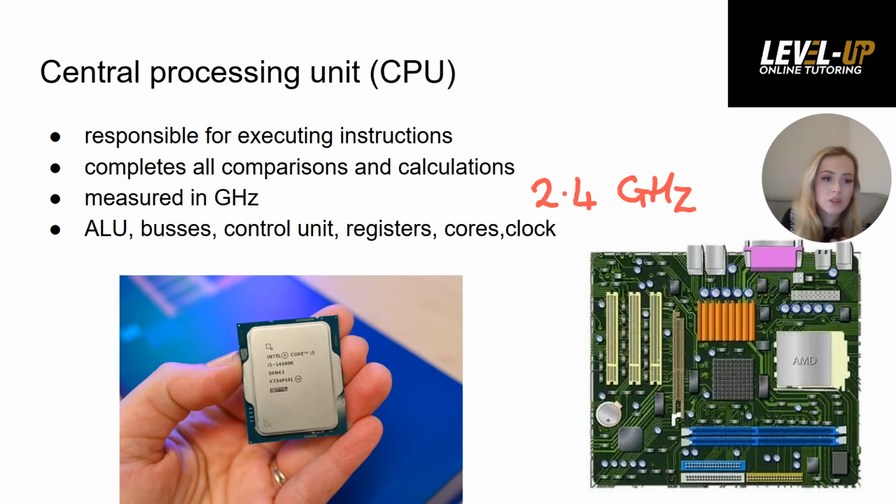There are more, but just for the moment, before we look at our specific CPU video, I want you to understand that there is something called an arithmetic logic unit, buses, control unit, registers, cores, and a clock. They all go into a CPU and make sure that it's all working efficiently and correctly.